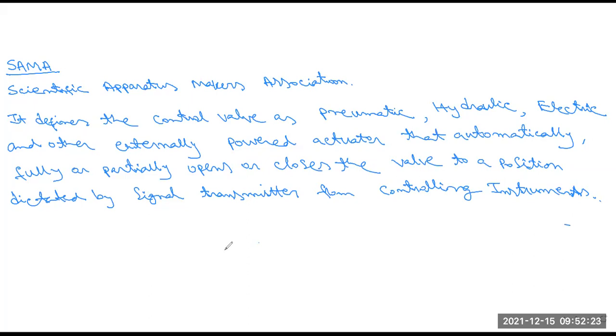which work as a pneumatic control valve, hydraulic control valve, or electric type of control valve, and other externally power-actuated valves that work automatically or fully, and also partially, with open and close operations.